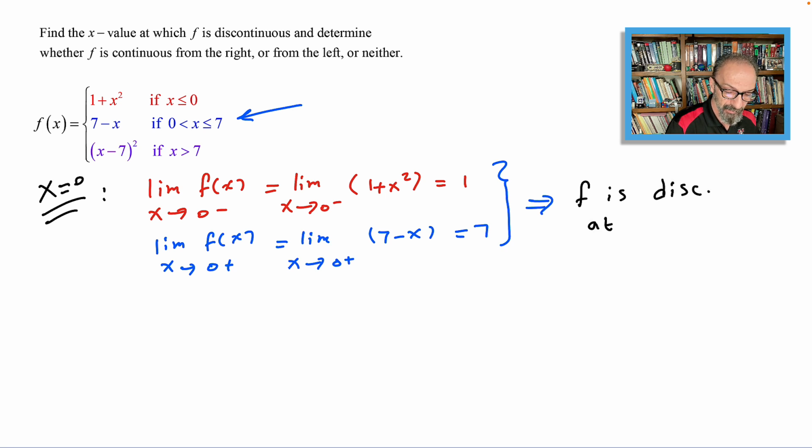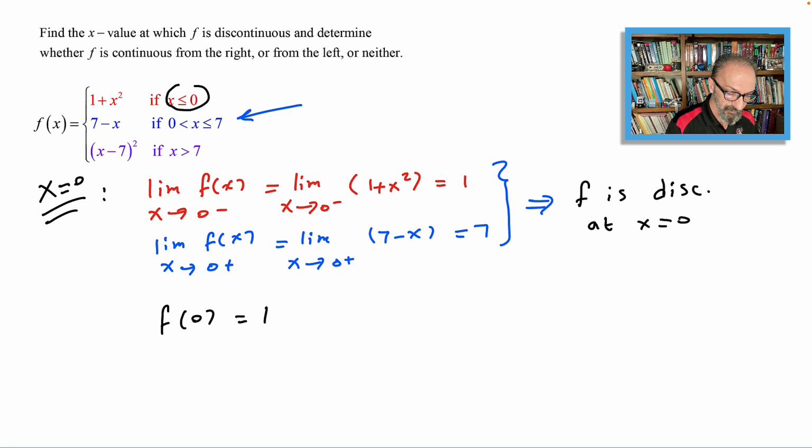at x equal 0. And since f of 0 itself, we could use 0 from the first one, because that's the equal sign right there. We have 1 plus 0, which is 1.